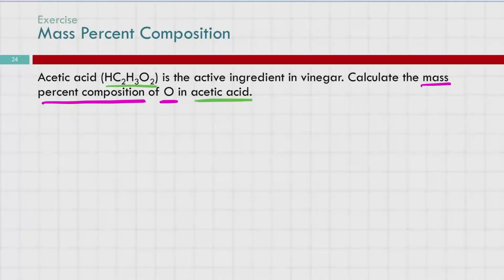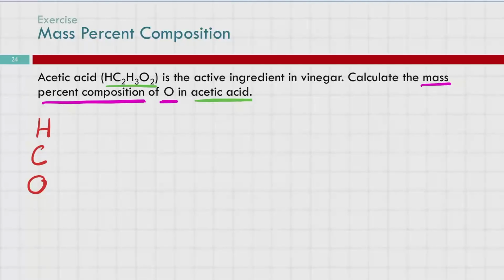So 1 in front, 3 in the middle, 4. We have 4 hydrogens. A common mistake with some of these is we forget about that 1 hydrogen out in front.